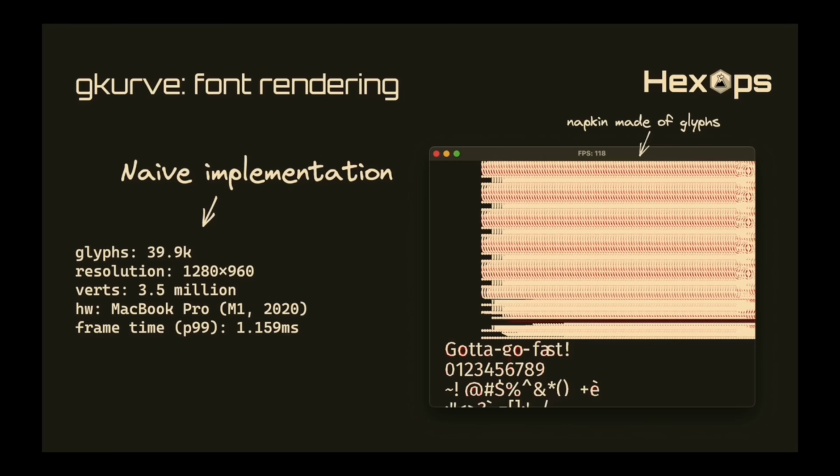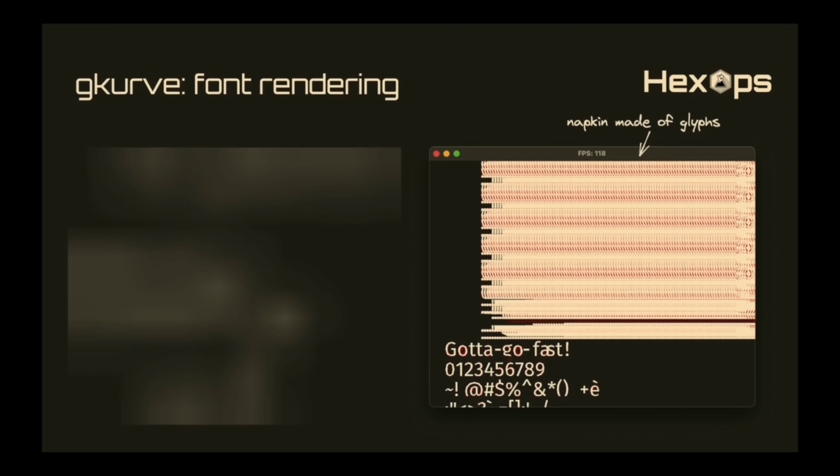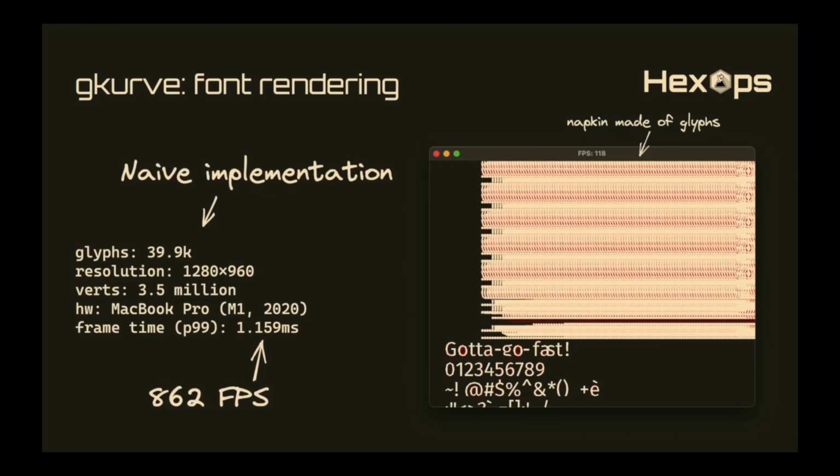But we can end up with 39,000 glyphs on the screen, which ends up being 3.5 million vertices at around 1.1 milliseconds per frame. So that's 862 or something like that. There we go. Yeah, so this is all napkin math, and that's why we've got the napkin made out of text there. But yeah, not too bad.